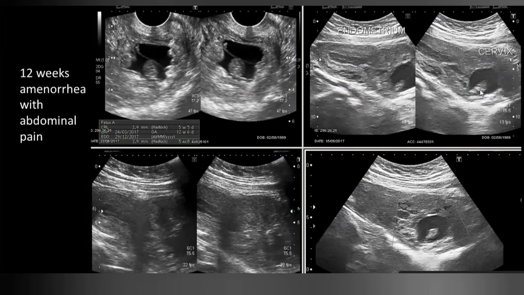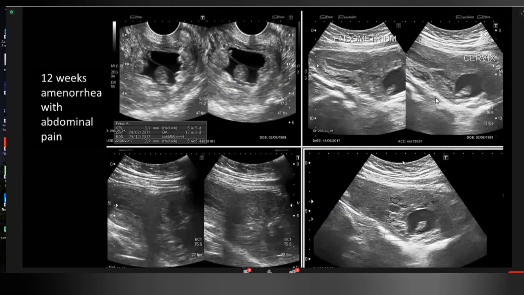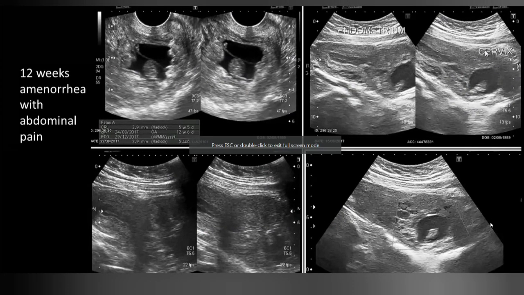And here we see some vascularity, we see the fetal pole, and this patient had a history of prior C-sections. So whenever in a patient with C-section, you see the gestational sac extending into the scar site, this is a case of scar pregnancy.